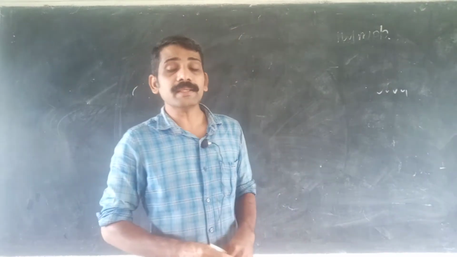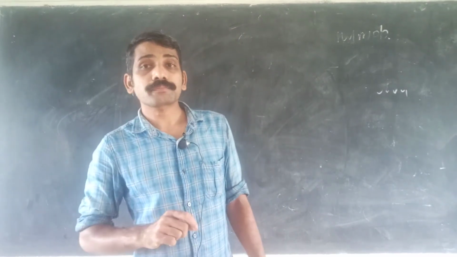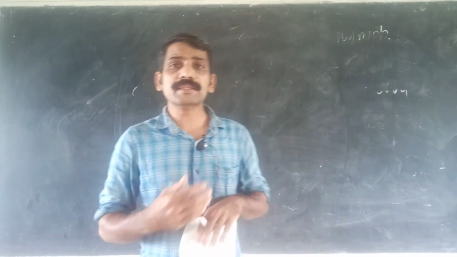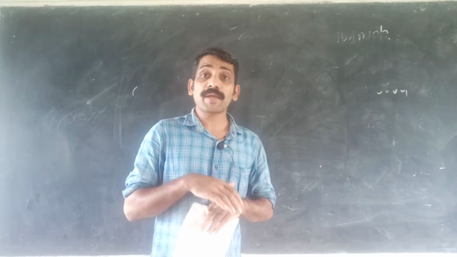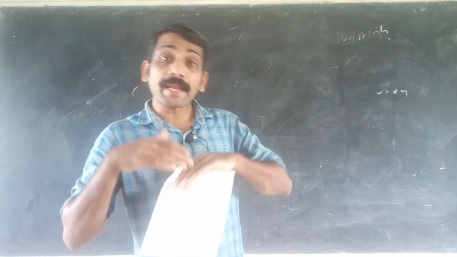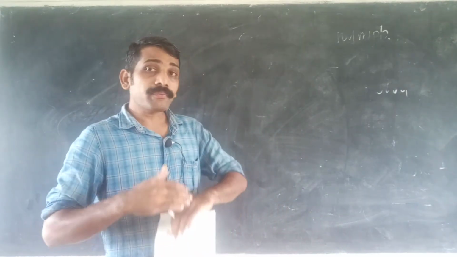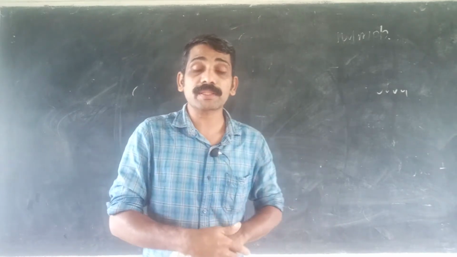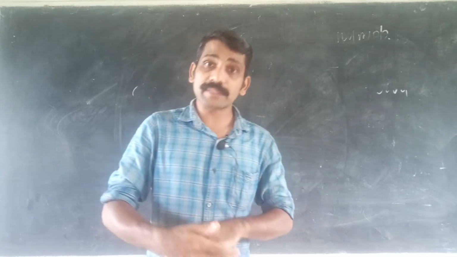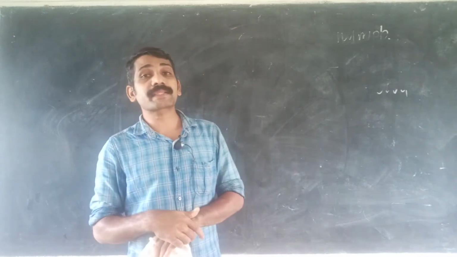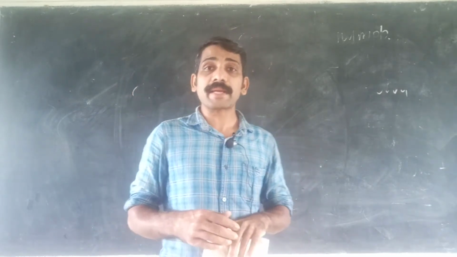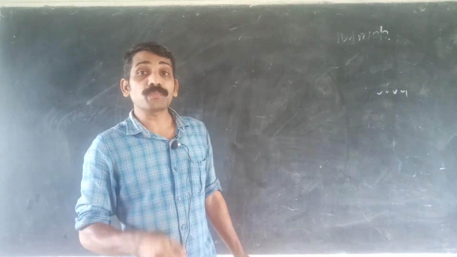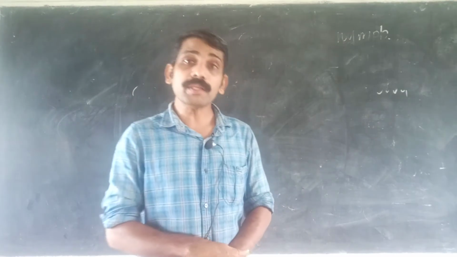So we discussed how the velocity changes when magnitude changes, and we discussed how velocity changes when direction changes. What we have to discuss next is how velocity changes if both direction and magnitude change.